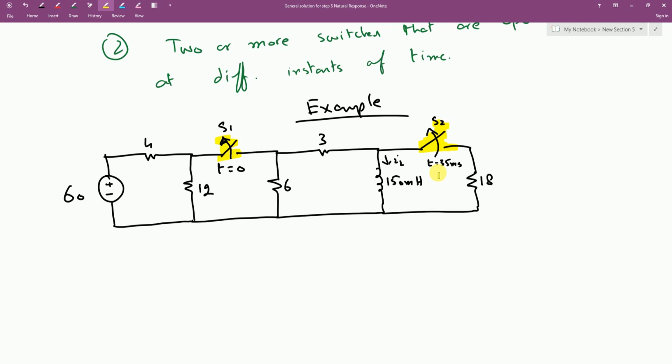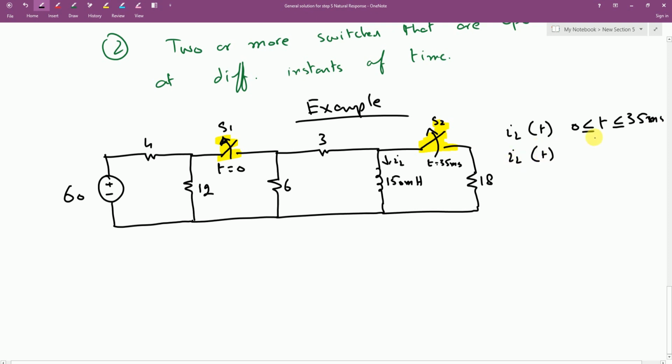To solve this numerical, let us find the current iL(t) for the time between the operation of switch number 1 and the operation of switch number 2. That is, we need to find the inductor current for the time period between 0 and 35 milliseconds. The second thing is we need to find iL(t) for time greater than 35 milliseconds.